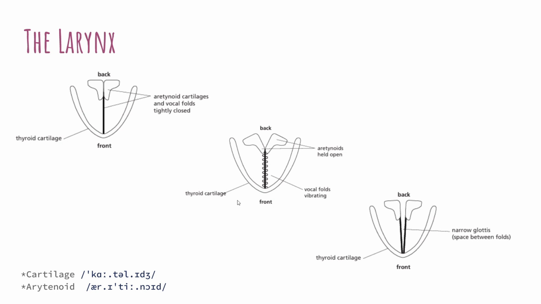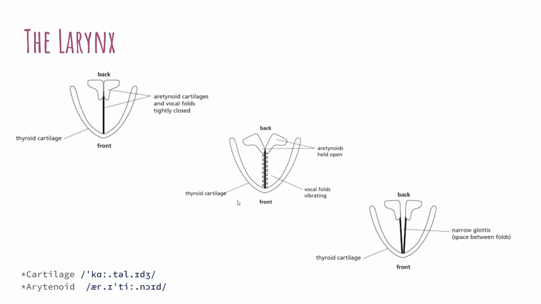From the second diagram, we can see the arytenoid cartilages are slightly apart from each other, and in this position the airflow through the vocal folds causes them to vibrate.